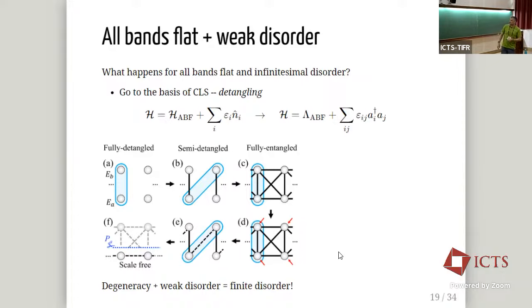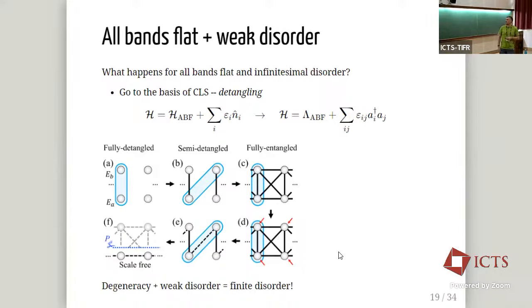What that allows us to do is basically take the all-band flat Hamiltonian, add the on-site disorder, or actually any other single particle perturbation, and just revert the construction that we did. Originally we started with decoupled sites, and then we started applying local unitary transformations, coupling, say, sites in the same unit cell and sites from the neighboring unit cell, and getting the Hamiltonian.